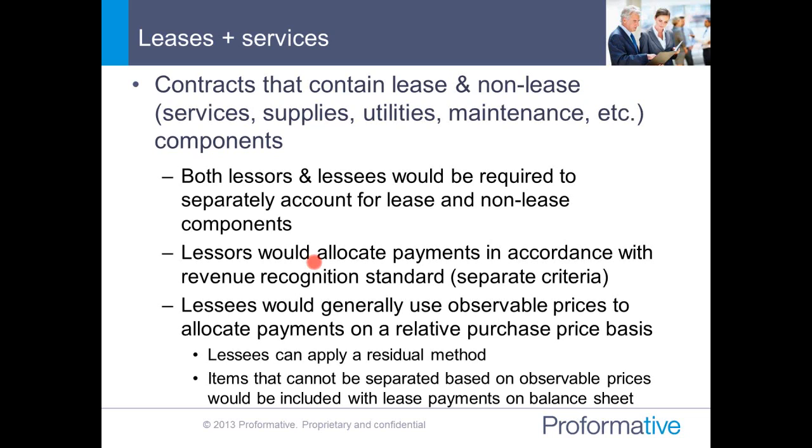Lessees are the ones who aren't going to have the problem because they may have incomplete information, and so they'll have to either use observable prices, meaning a price for an equivalent lease-only contract, or the price for a services-only contract, or they could use a residual method where if they knew the price for a similar lease contract, they could back into what the cost of the services are.